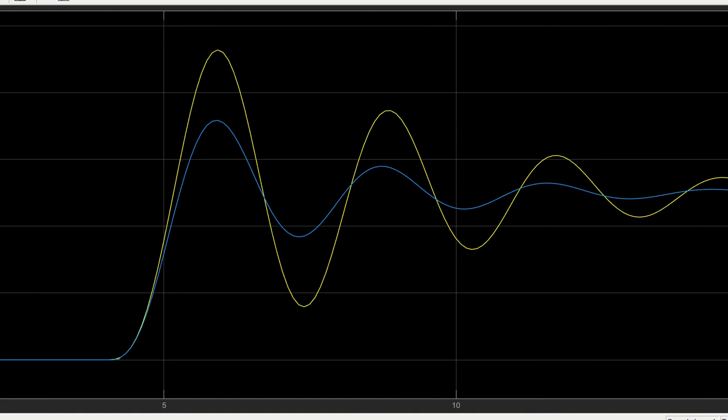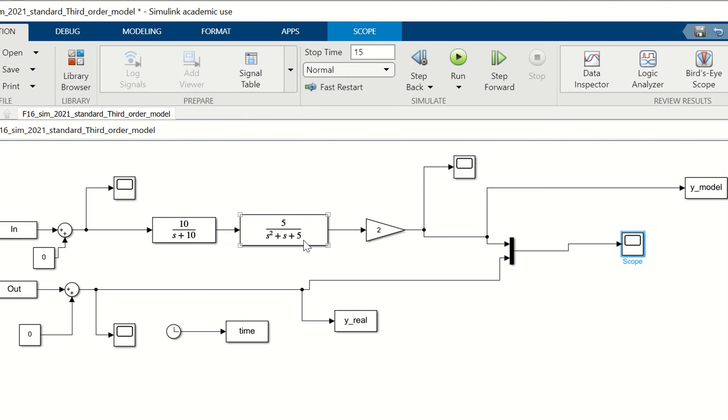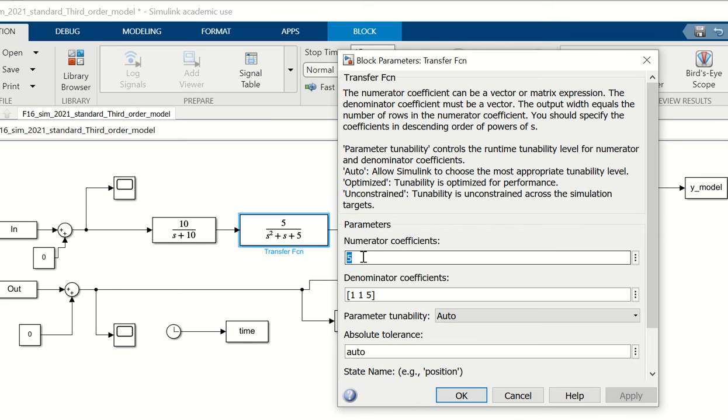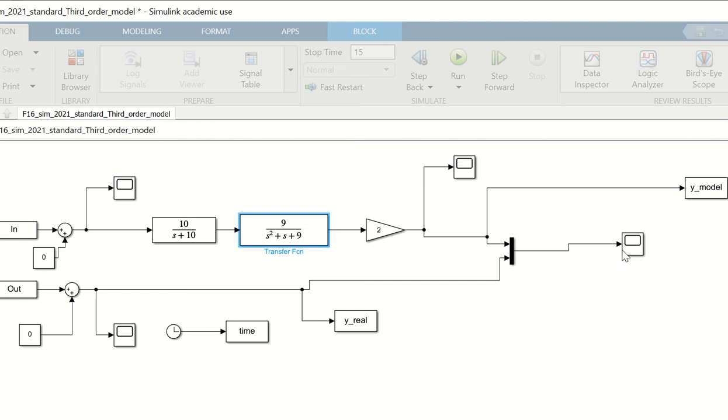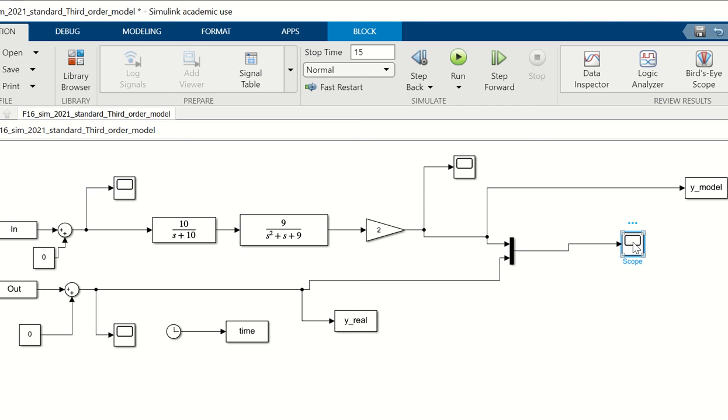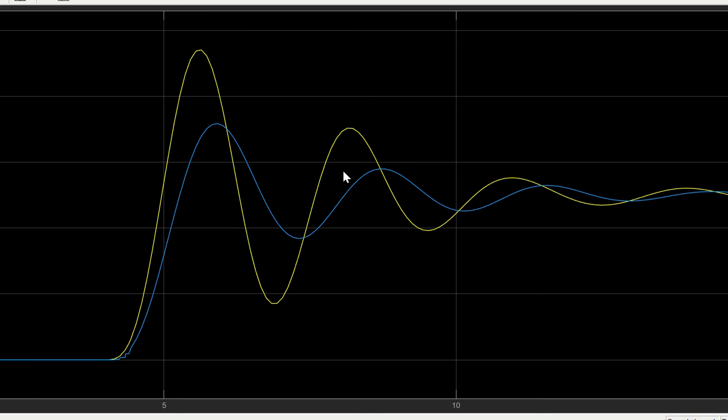So we need to increase the frequency, and we do that by changing this number here. So click on that box. I know what the answers are, but if you change it to 9 and this one to 9, then we'll see this time we get a closer match on the frequencies. So now that's not worked, has it?